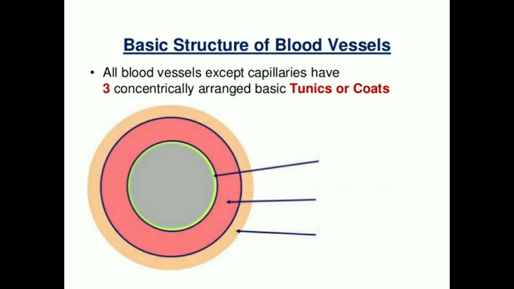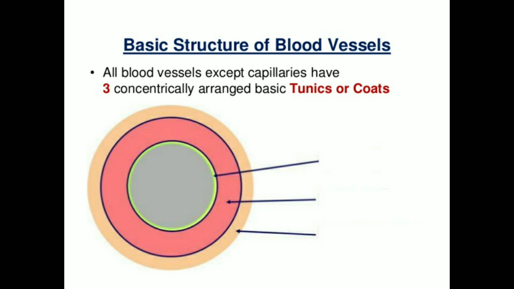We call them coats, or anatomically, tunics. You can see there are three concentric rings, and they are named from inside out. The inner one is called the tunica intima.